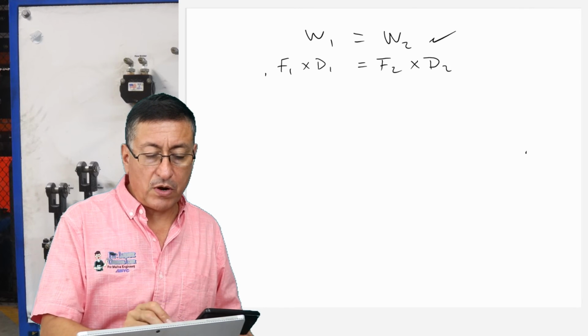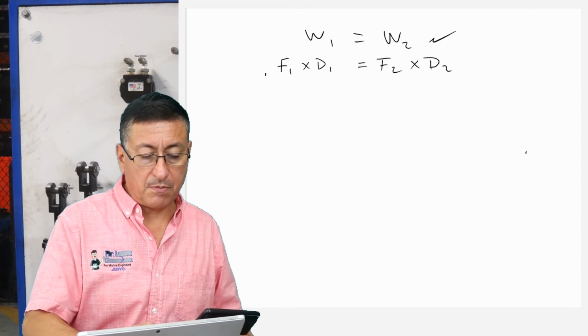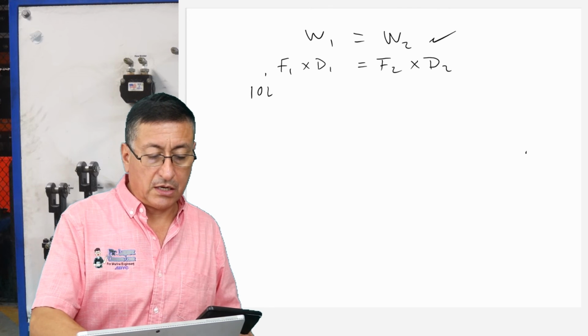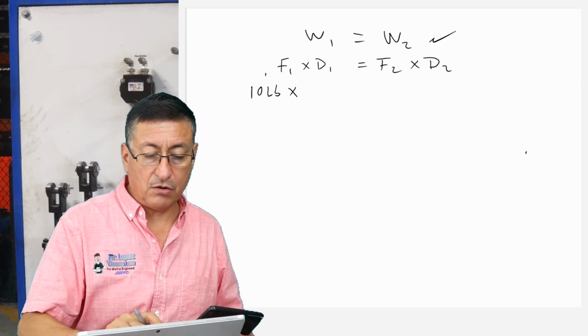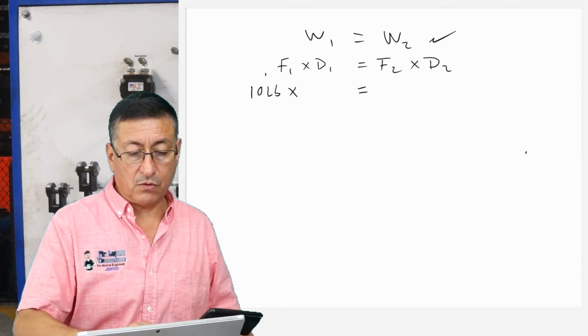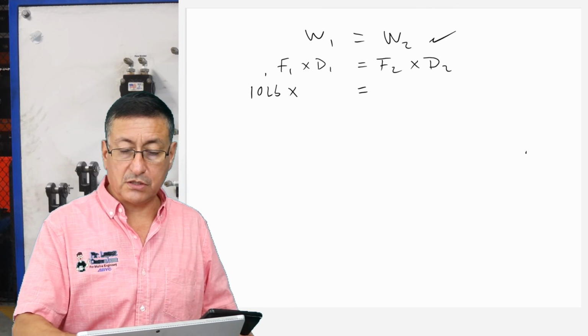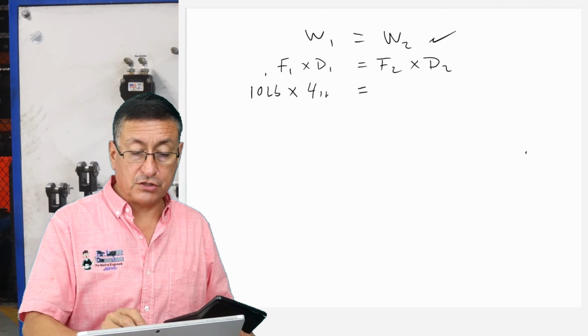How much is the force number 1? The force number 1 is 10 pounds. And how much is the distance number 1? According with the question, the distance number 1 is 4 inches.